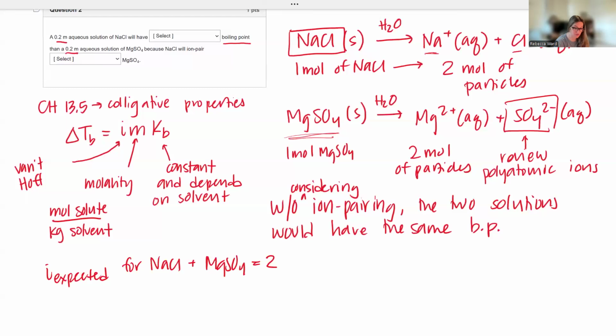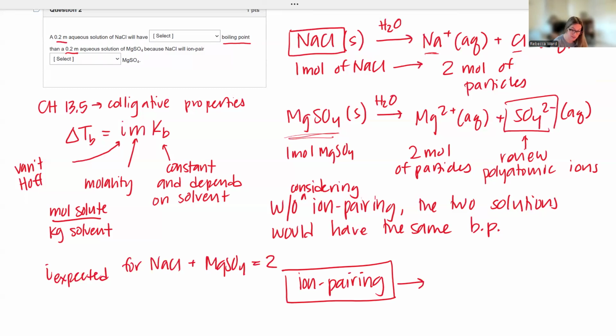So let's remind ourselves what ion pairing is. I bet you didn't think I could give you this long of an answer for this short of a question. When we put these salts into solution, remember that for colligative properties, it's about how many new particles are in there.